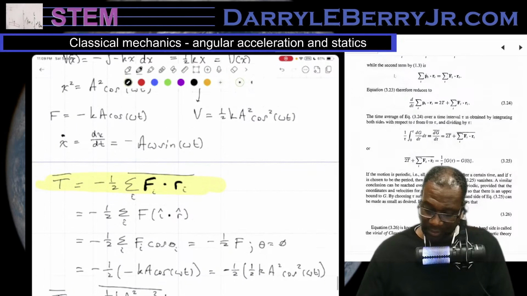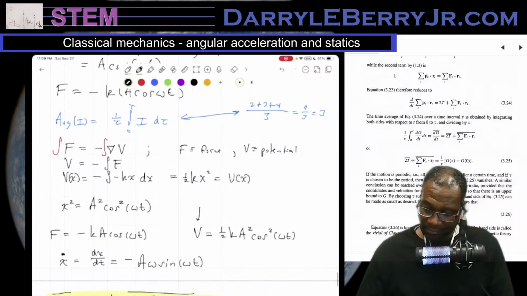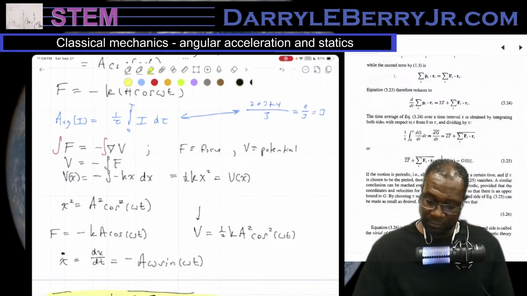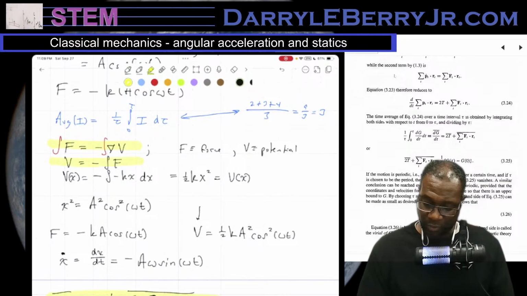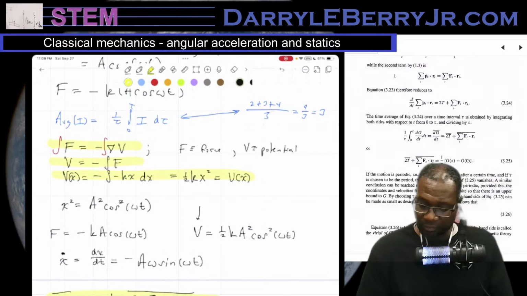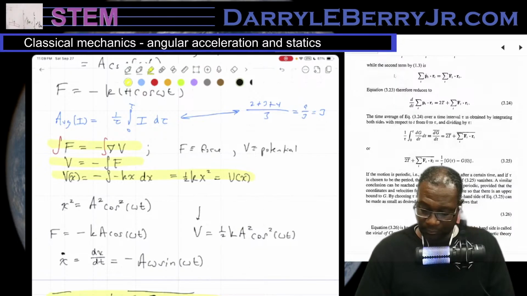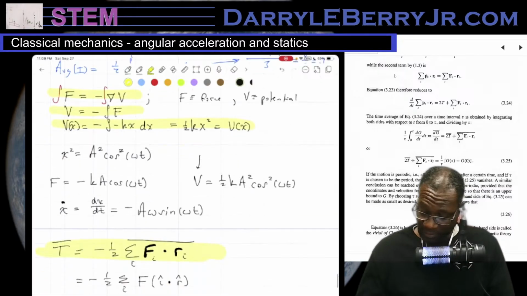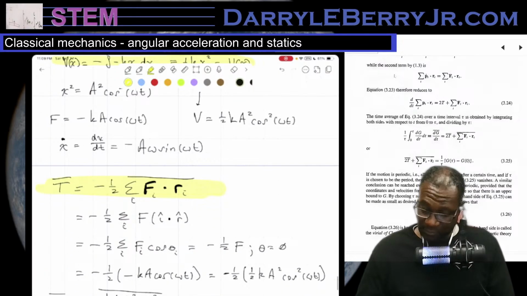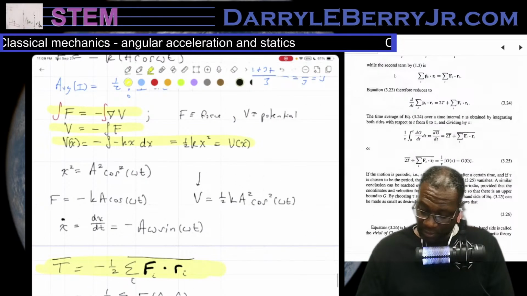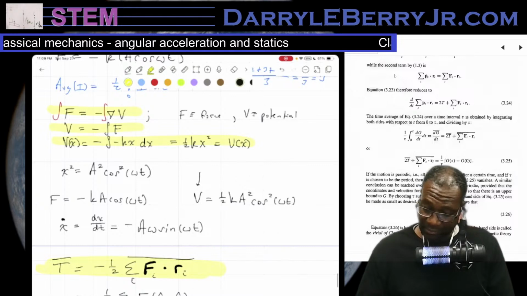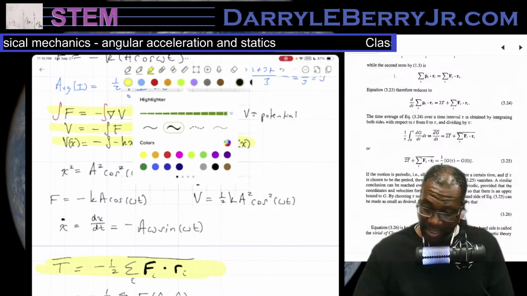I took the integral of F to get U, and thus I can replace U with, I can replace F with V, because it's the same thing, as long as I put a negative on it. Craziness? And let me highlight where I put that at. Let me clear up my highlights.